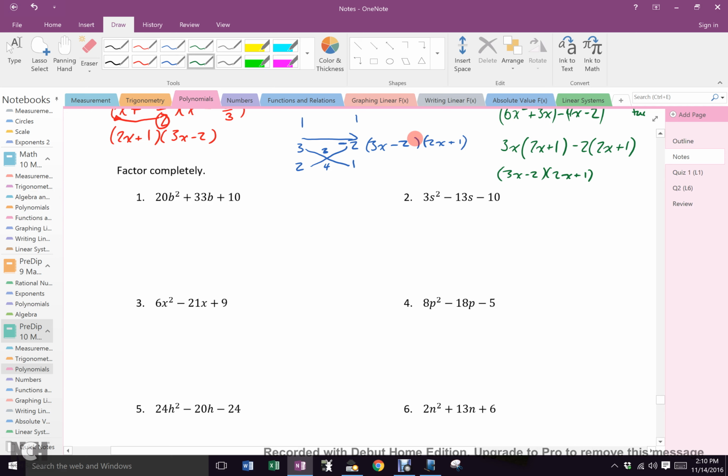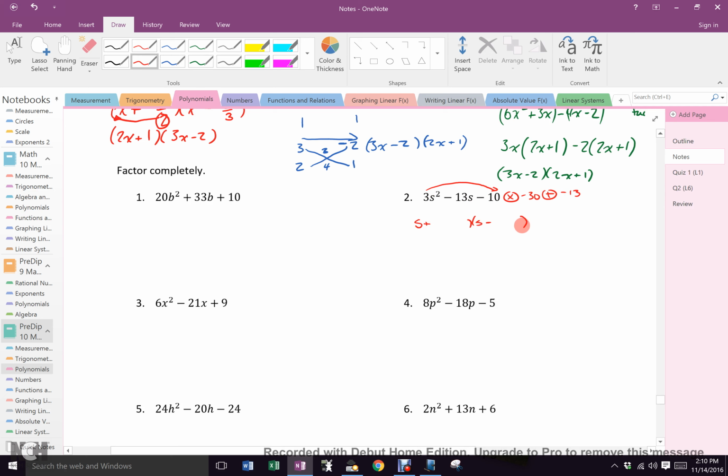I'm going to do these questions in the color I did this up here. Okay? So you can do whatever you want, but I'm going to do this first one in red, and I'm going to use the red method. So I have to multiply to negative 30 and add to negative 13. And I know it's going to be S plus and S minus, since that's negative.